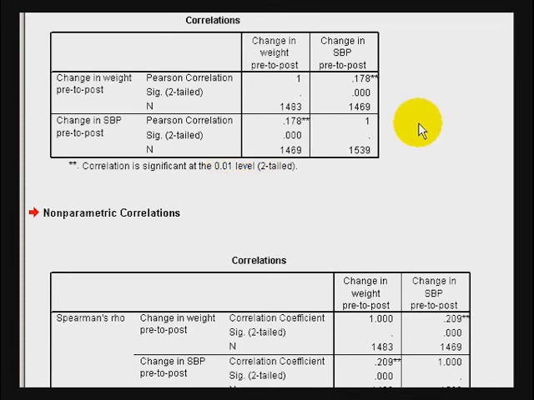Now, the thing to notice about correlation matrices is that anything associated with itself has a correlation of 1. So what you'll see is the change in weight is associated 1-to-1 with the change in weight, and the change in blood pressure is associated 1-to-1 with the change in blood pressure, and that these are both the opposite of one another.